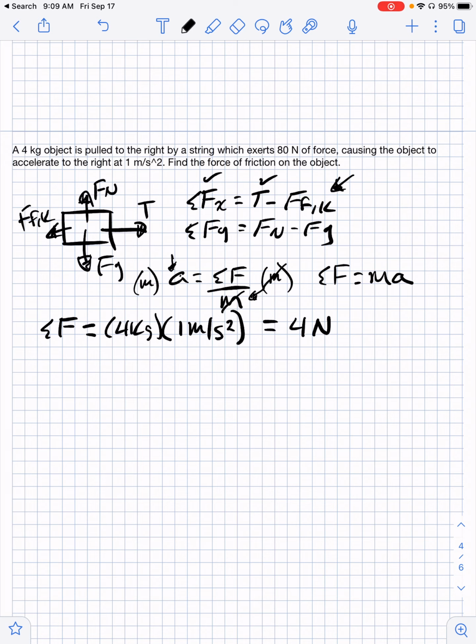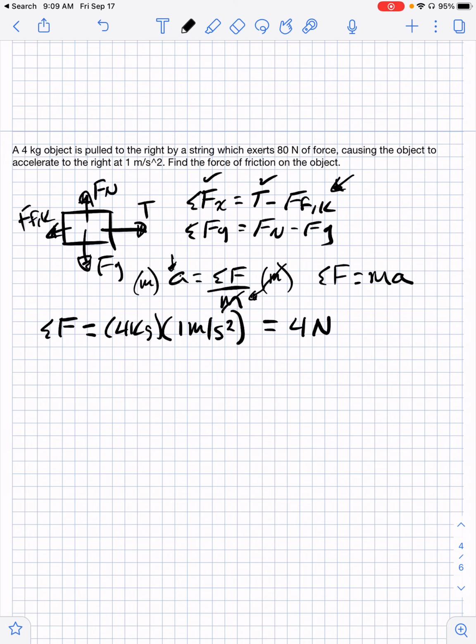Let's rewrite that equation. We said the net force in the x was equal to tension minus the friction. So I'm going to add friction to both sides. That cancels there, so plus the friction over here. Let's rewrite that.